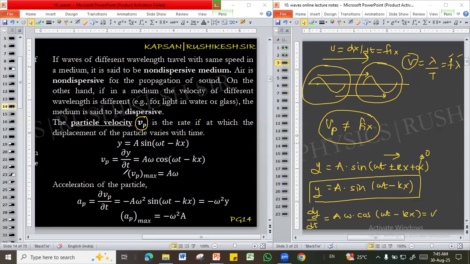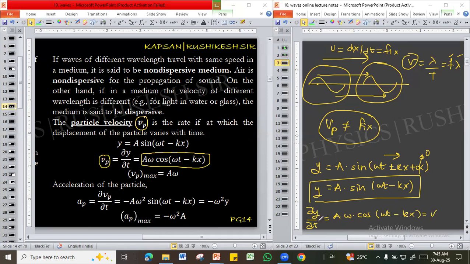So you can see the formula. Velocity of the particle is this. Now you can notice that this derivative should be a partial derivative. Can anyone tell me why it is a partial derivative? While calculating the particle velocity, we have to take the partial derivative. Why not dy by dt?